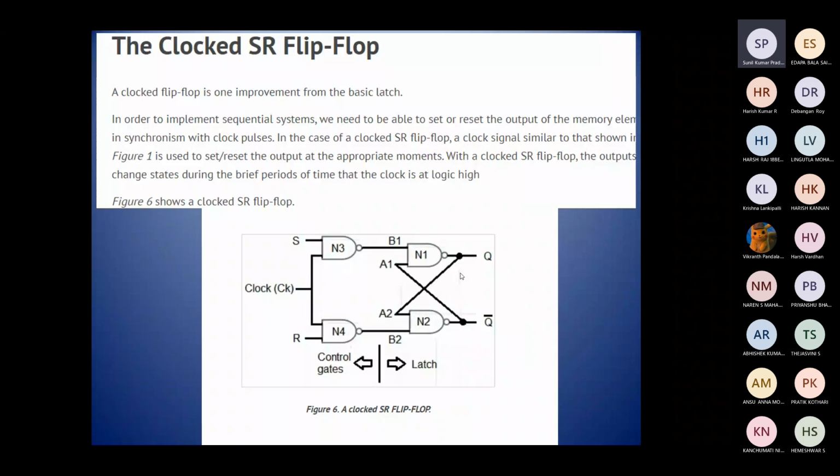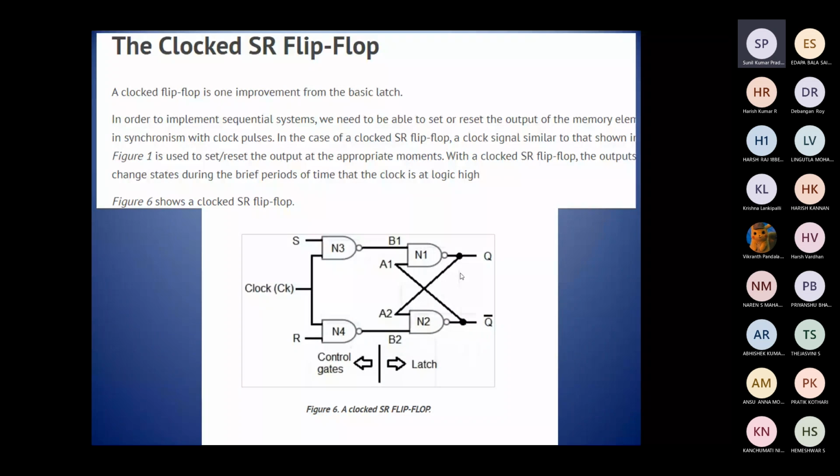Now, in order to implement the sequential system, we need to be able to set or reset the output of the memory element in synchronism with the clock pulses. That is very important, because in sequential systems we have a memory element, which we don't have in the combinational circuit.